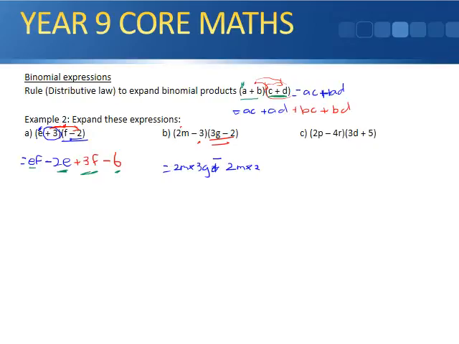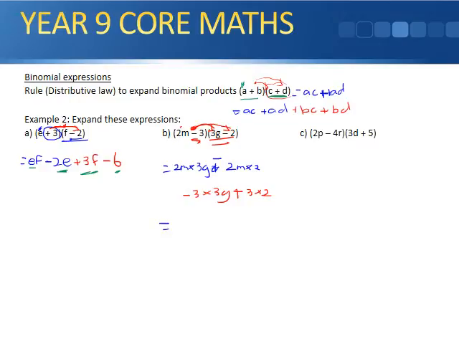And then we're going to do the negative 3. A negative 3 times a positive 3g will give me a negative 3 times 3g. And a negative 3 times a negative 2, negative and a negative gives me a positive 3 times 2. So I've worked out my signs. Now, let's work them out.